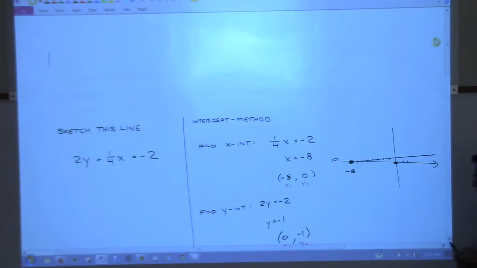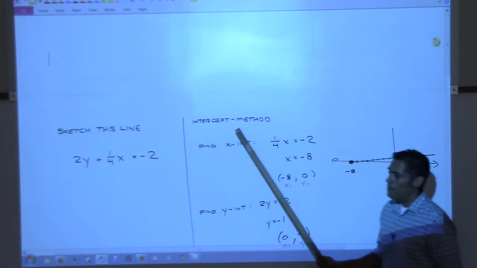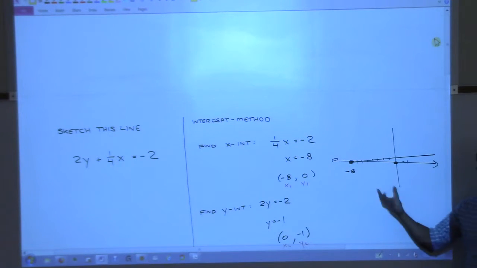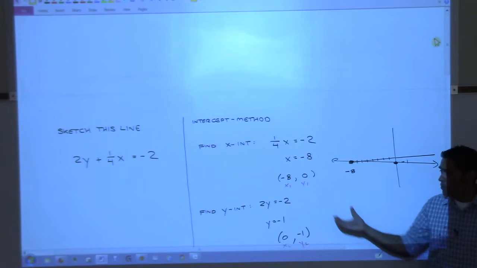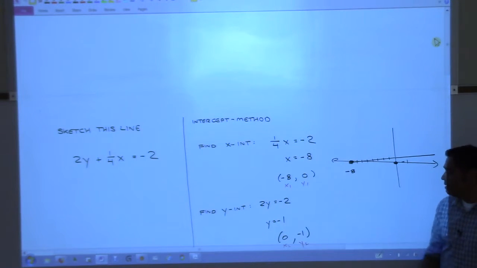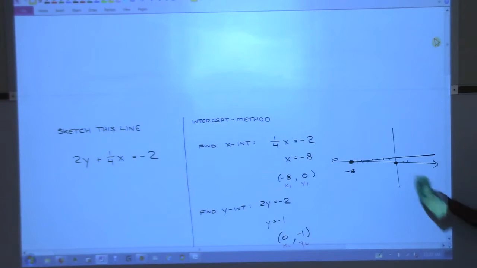So I guess what I'm trying to get at is this. With this equation, the intercept method produced our line pretty quickly, right? We got to it pretty fast. The thing we didn't get with it is the slope. We'd have to do further calculations to get the slope. Yes? Okay. But we still have a picture. So we're done, right? That's what we were asked to do, sketch.